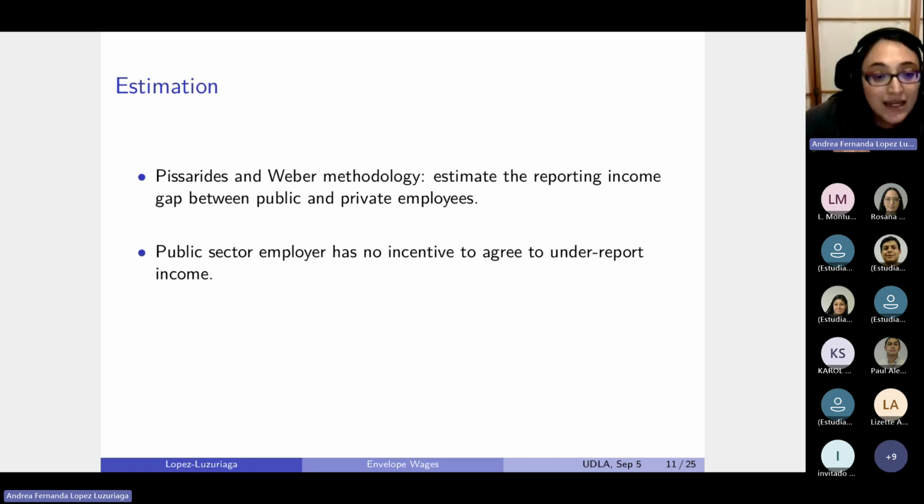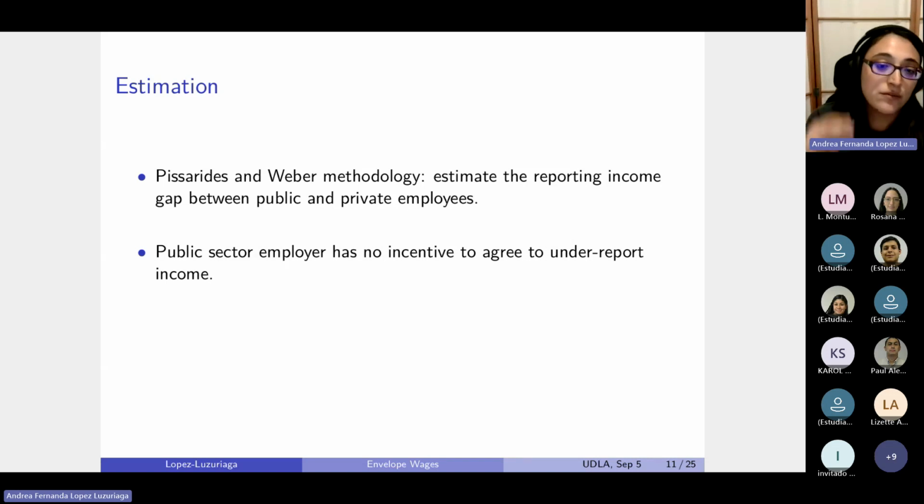And if I observe any systematic difference in the relationship between the consumption of food and the level of income, that may not be because they consume different levels. It may be because they are hiding income.